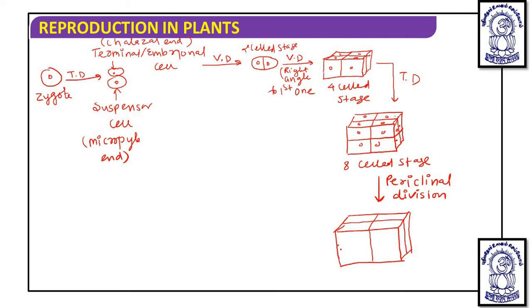I hope you understood now how this 8-cell condition is observed. But if the division occurs parallel to the periphery like this, then what will happen? Here one cell, here one cell, one cell here, one cell here. So a total of 8 cells on this side, 8 cells on the back side.